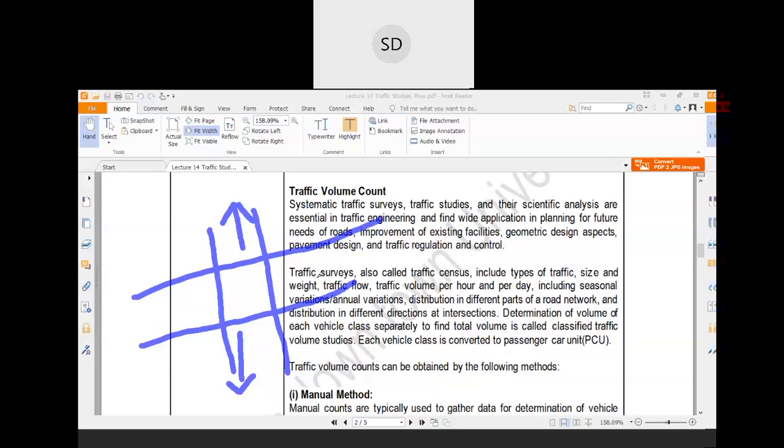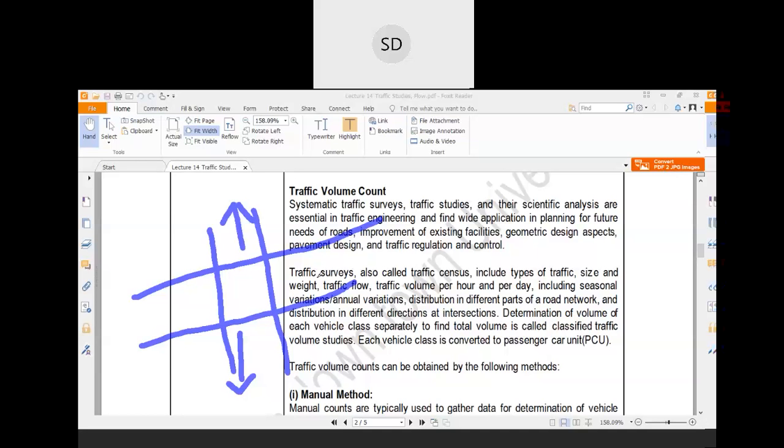The passenger car unit for the small car is considered as 1, and the PCU values for the other types of vehicles are calculated depending on their speed, their dimensions and other characteristics.